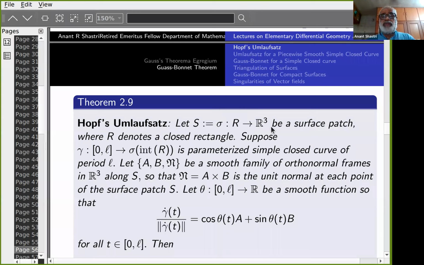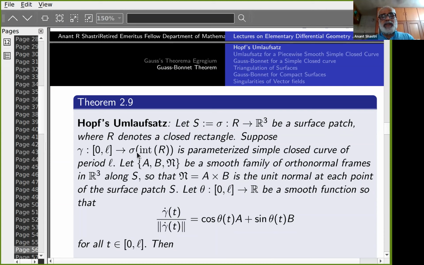So the surface is inside R3. Take a surface patch where R denotes a closed rectangle. Now suppose gamma from 0 to L into the interior of R, sigma of the interior of R. Don't worry about what is happening at the boundary of the rectangle. Suppose the entire curve is a parameterized simple closed curve of period L.